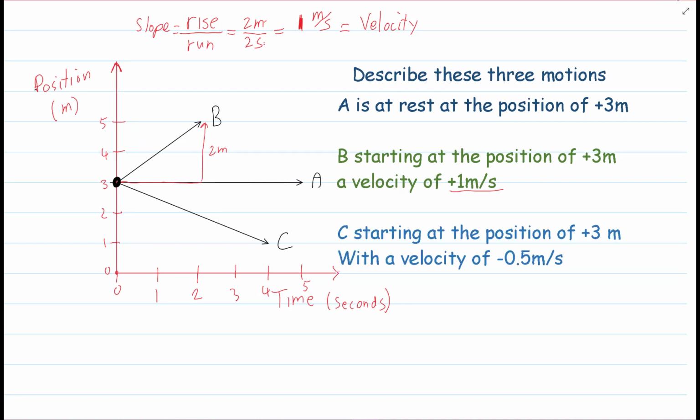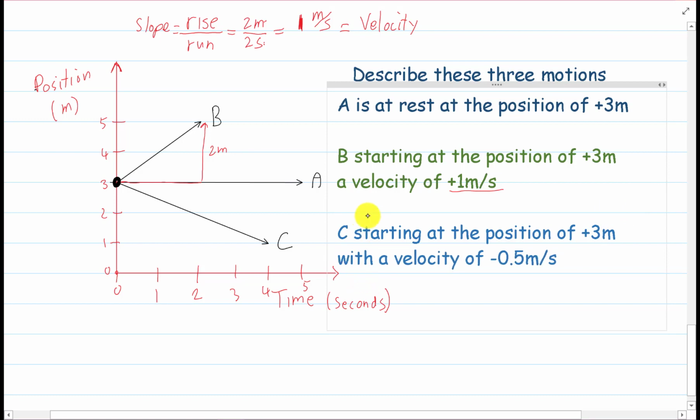Okay, let's take a look. I wrote down C starting at the position of positive 3 meters. Get rid of that space in there for now. And let's get rid of the capital W, being picky, with a velocity of negative 0.5 meters per second. Why negative 0.5? Well, negative and 0.5 are things that I have to explain here.